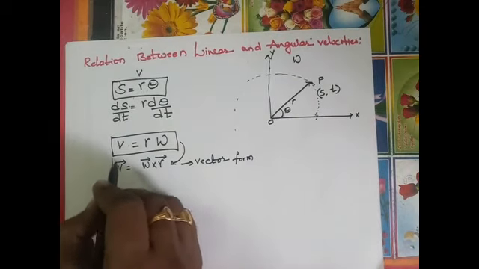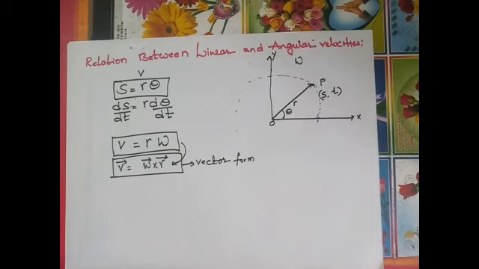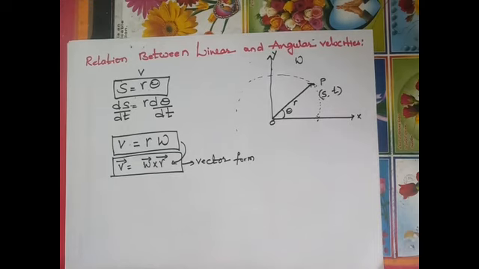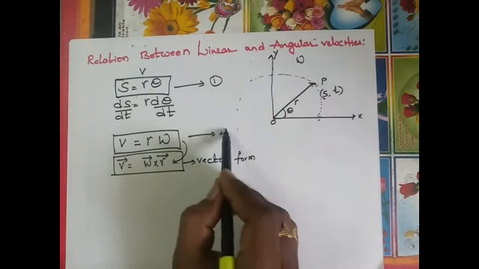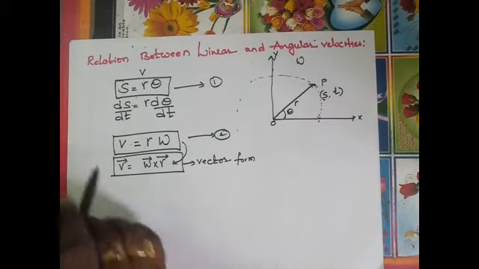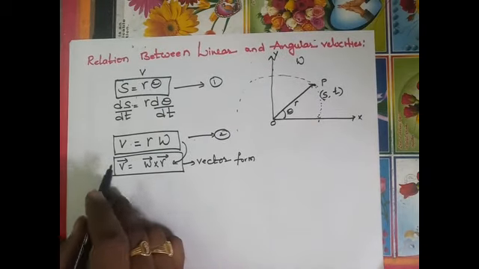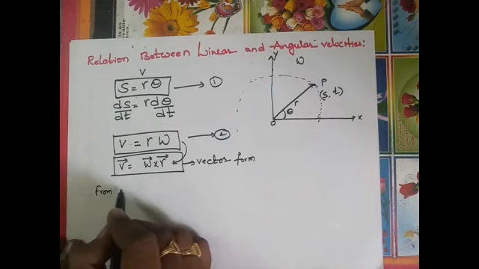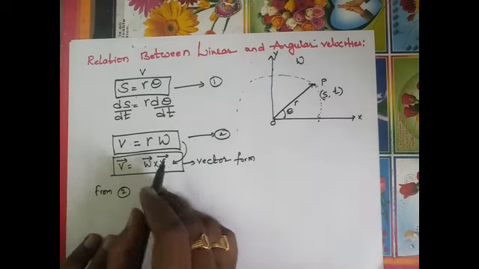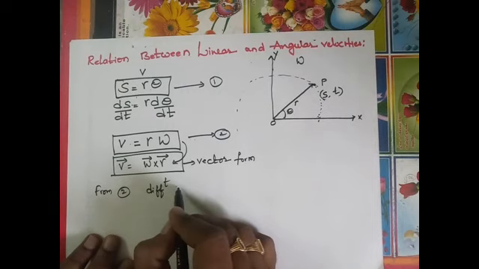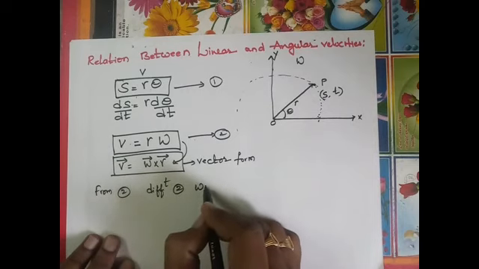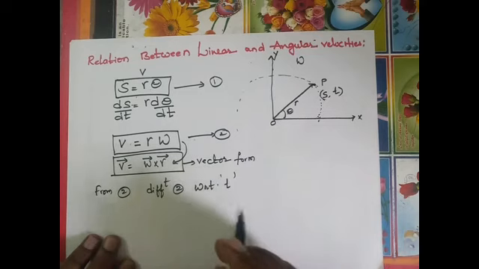Now with the help of this equation, we are going to derive the acceleration formula. Assume these are equations 1 and 2. Let us take equation 2 and differentiate it with respect to t.